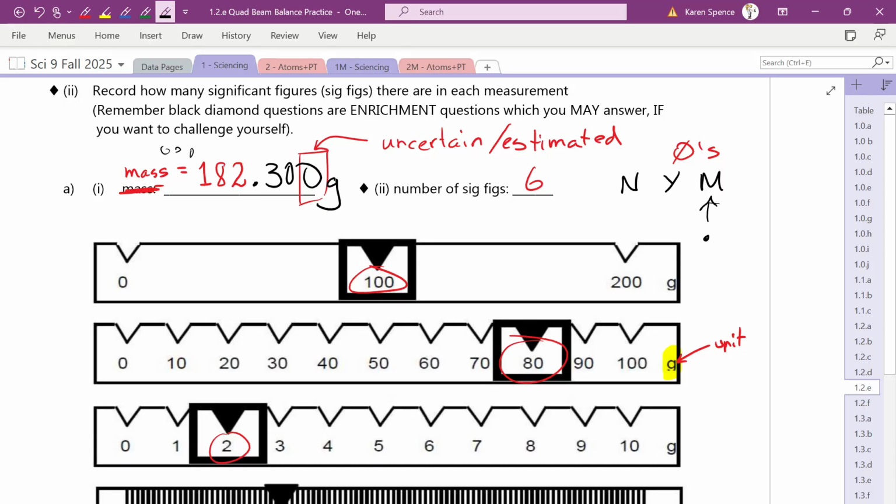Okay, I want you practicing making the measurements, so when it comes to Tuesday's quiz, you do a really good job with it. Okay? Read the activity. If you're like, I'm not getting it, it's because you haven't read it.